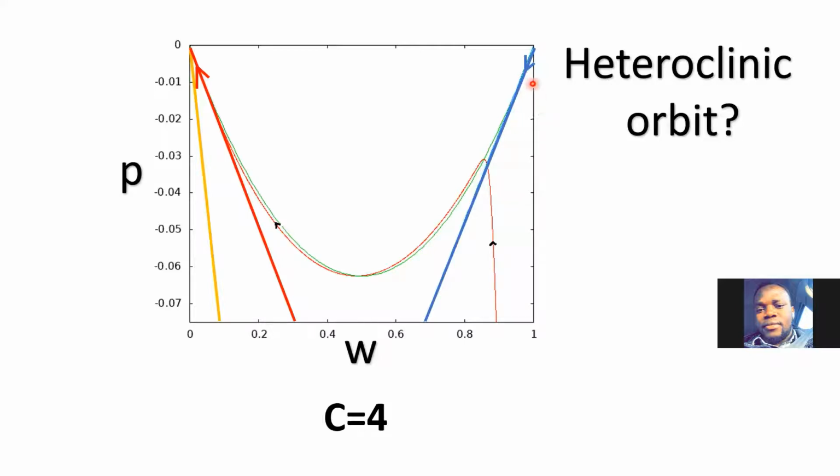Okay, so let's just assume that I can find a trajectory that starts from 0, 0. So I have no choice.